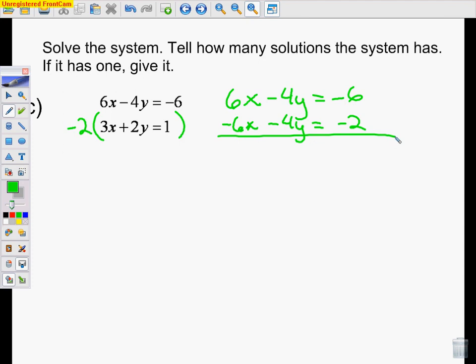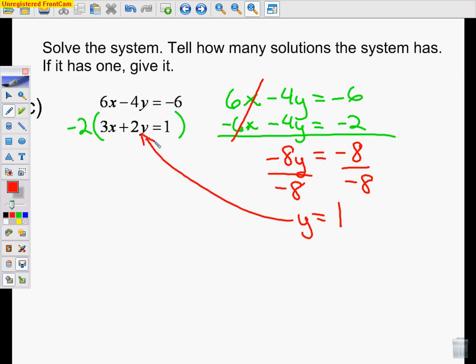So let's add down. 6x and negative 6x cancel. Negative 4y and negative 4y, be careful, those don't cancel. That's negative 8y. And negative 6 plus negative 2, that's also negative 8. To solve for y, we divide by negative 8 on both sides, and we get y equals positive 1. Now that you know y is positive 1, we can plug it into any equation to find x. I'm going to plug my y into this equation here.